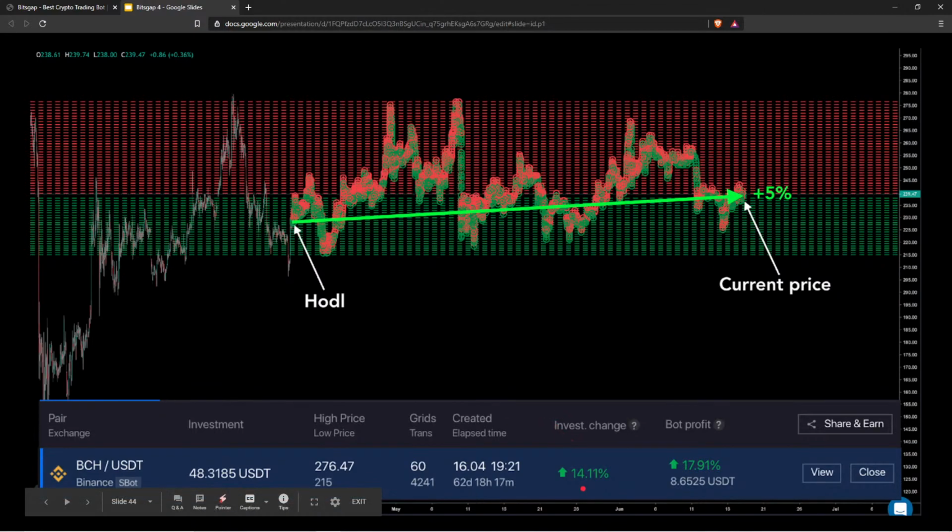But with automation, as the bot was constantly trading on every market swing, it has managed to generate extra profit. This extra profit is an added value to your investment, and that is why instead of 5%, you would have 14%. That's the greatest advantage of Bitsgap automation: you are able to significantly outperform the market on the sideways market.